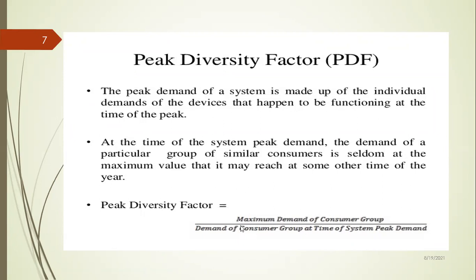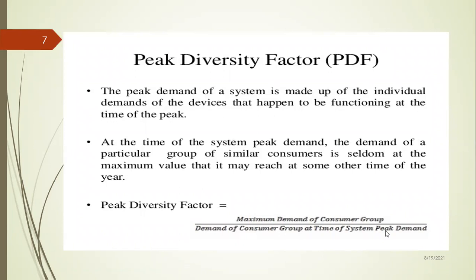So in the numerator there is the maximum demand of the consumer group. Like what is the maximum demand of my colony, plus the maximum demand of any marketplace, plus the maximum demand of some other colony. That all comes under the numerator part here. And in the denominator it is the demand of the consumer group at the time of system peak demand.